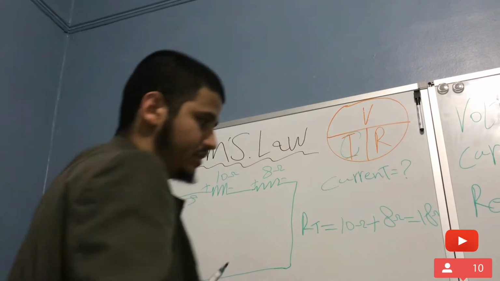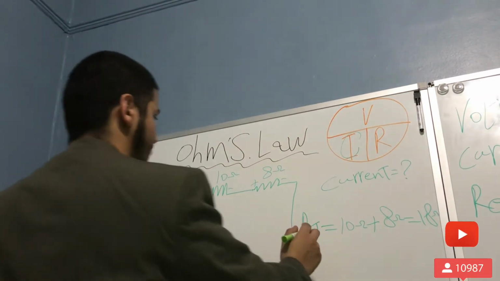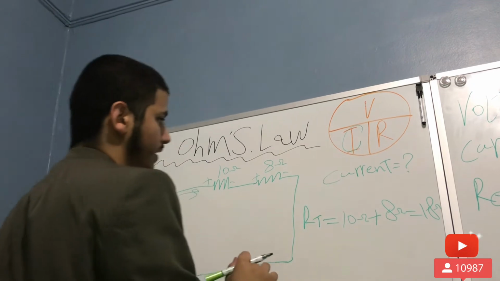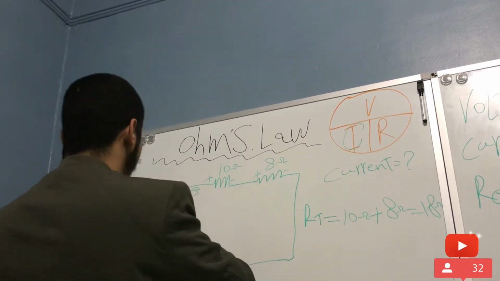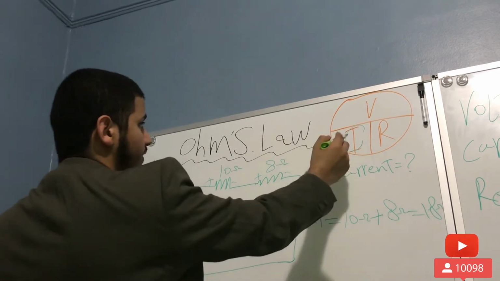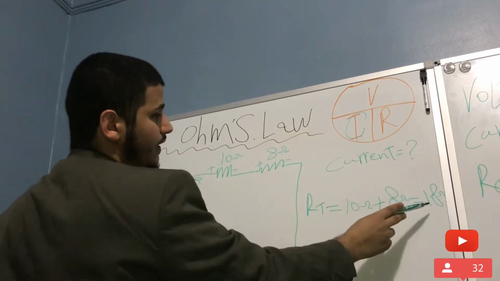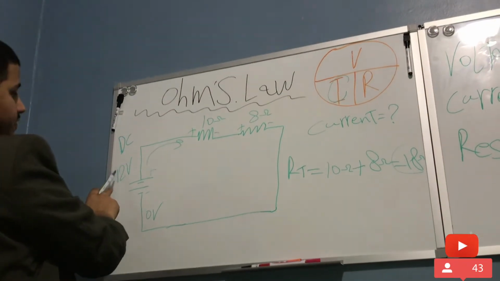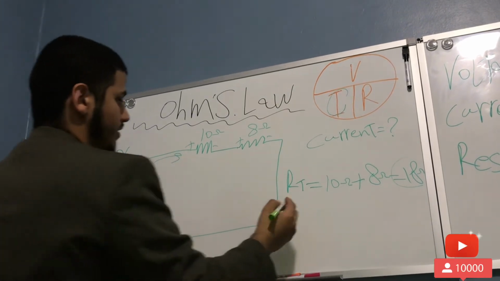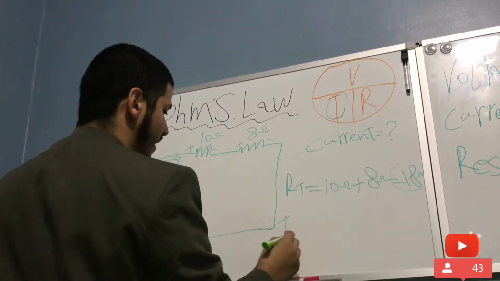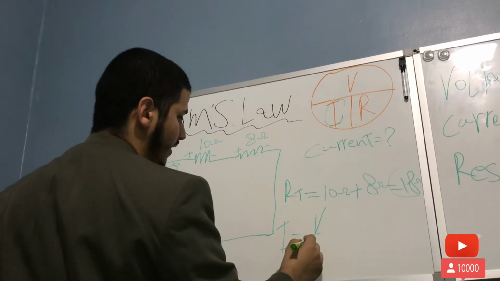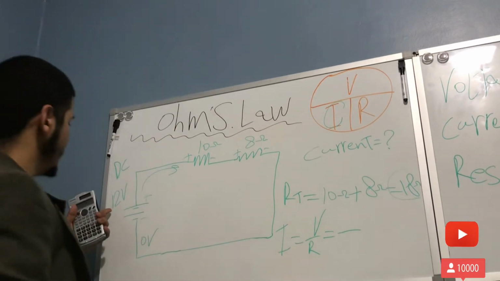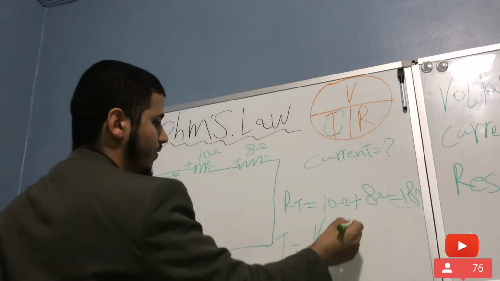And how to solve this one? I have 18. We need to find the current. To find the current, it's voltage divided by resistance. The resistance is 18 ohms, and the volts are 12 volts in DC. So I equals V divided by R. How much is the voltage? 12 volts, the battery. 12 volts divided by what?